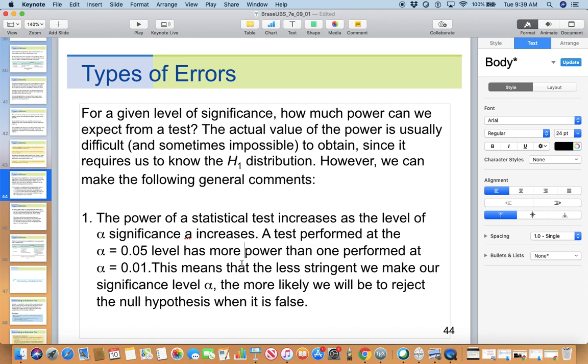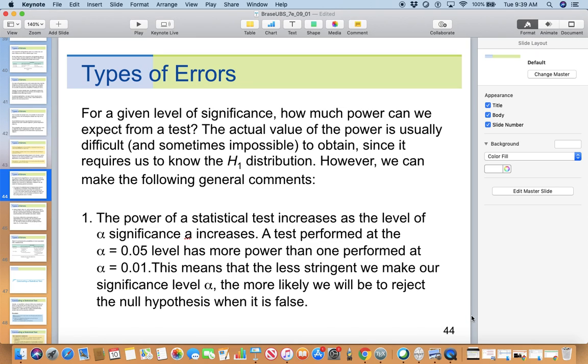A test performed at the alpha 0.05 level has more power than one performed at the 0.01 level. Notice, power of a statistical test is 1 minus beta. That increases as alpha increases. So if you increase alpha, you have more power than with the lower alpha.